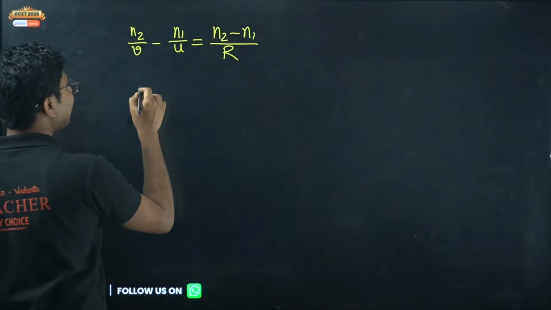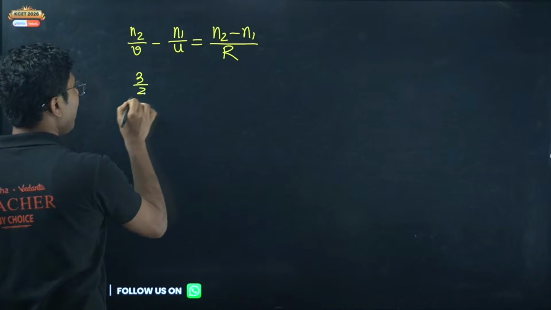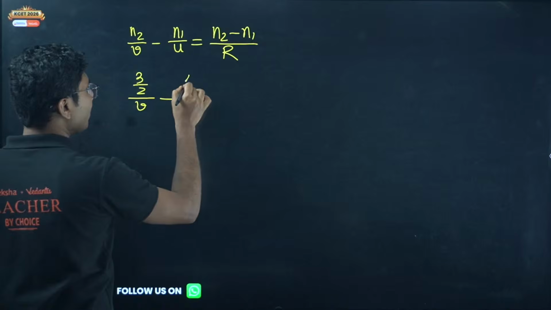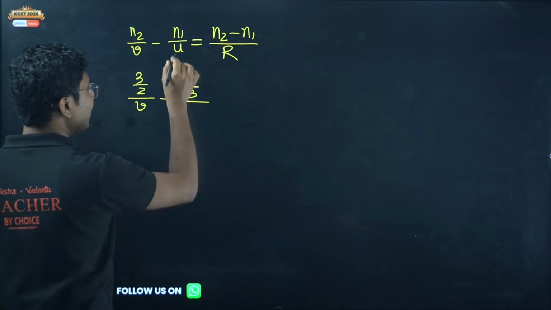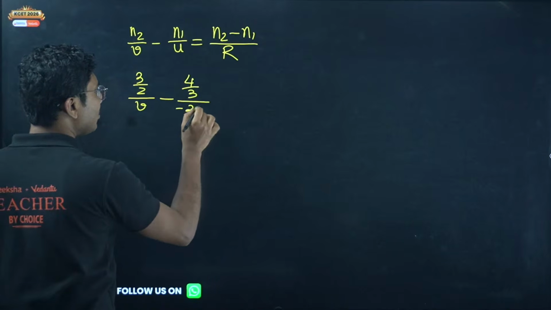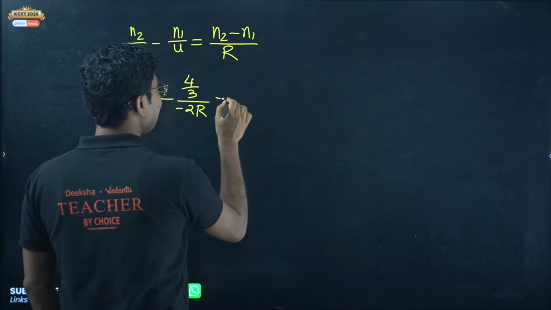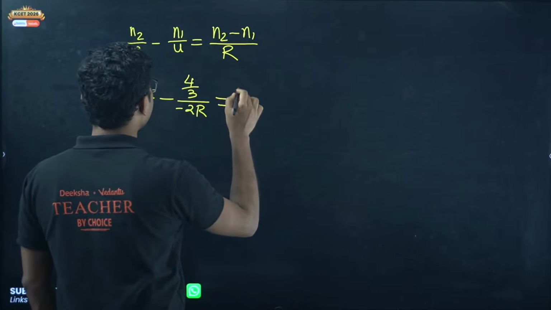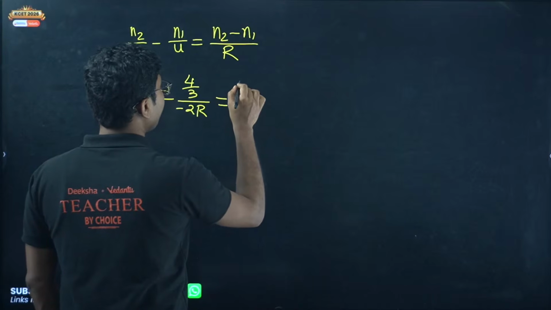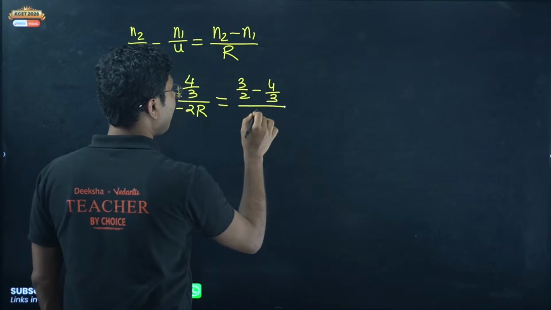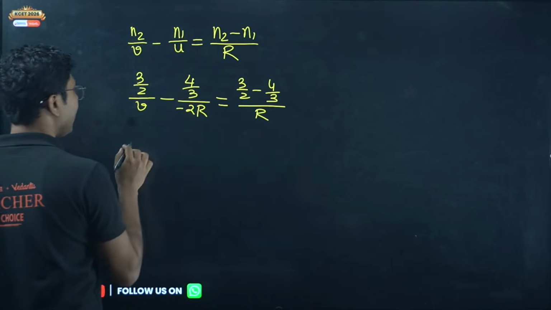So refractive index N2 is 3/2, V we do not know, N1 is 4/3, and u is 2r, but it will be minus 2r, negative 2r, because it is along the negative x-axis. That equals N2 minus N1, that is 3 by 2 minus 4 by 3, divided by R. Okay, now we have to simplify this.